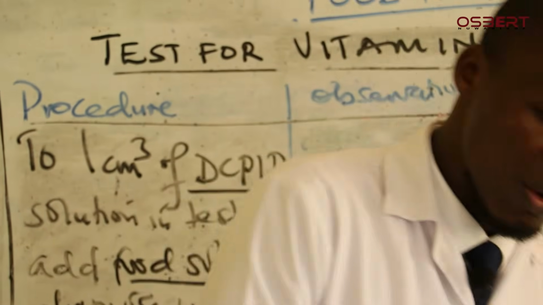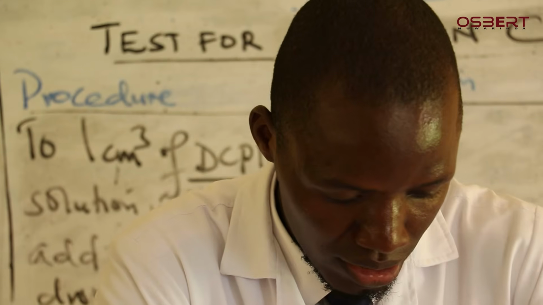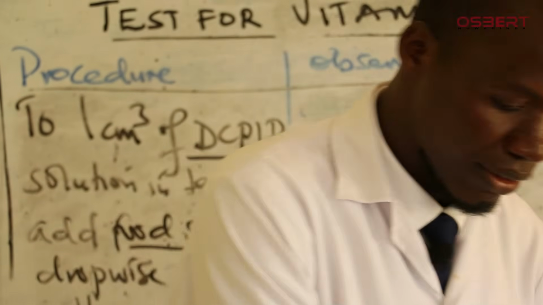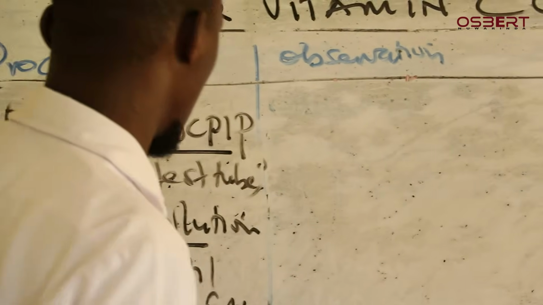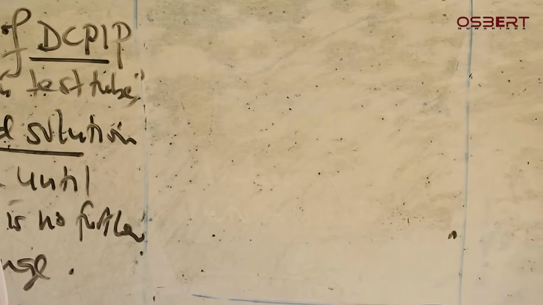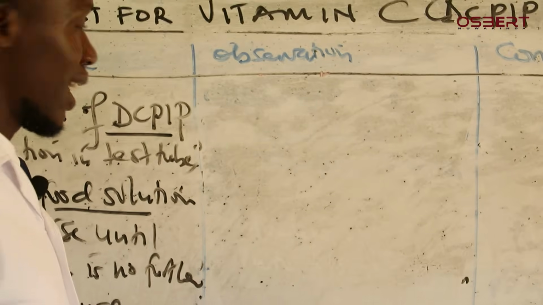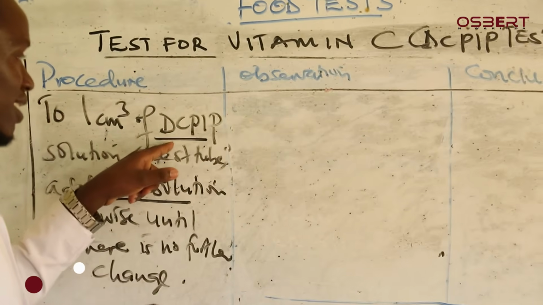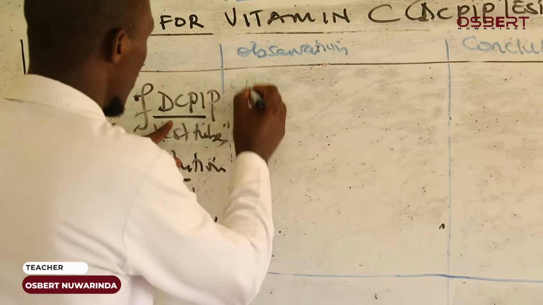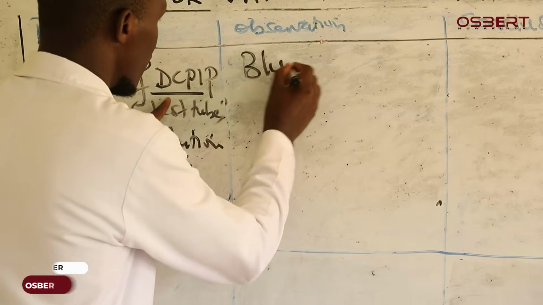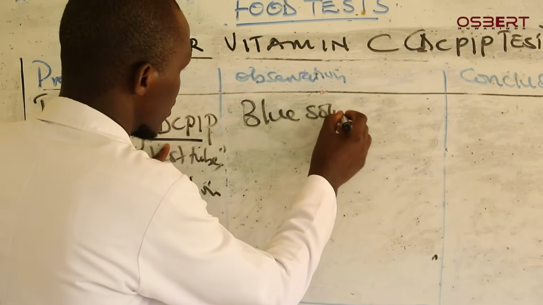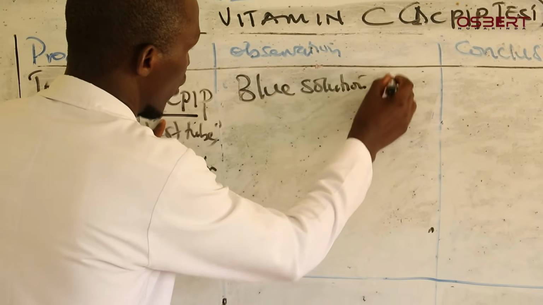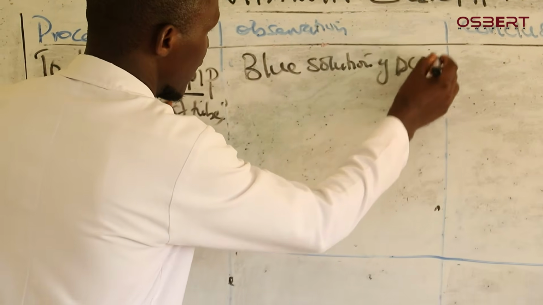Yeah, so when we come here to write, we shall say the observation is that originally our color, we will now write the color of the solution we had at first. The solution we had at first was DCPIP. So we are going to begin by saying the blue solution of DCPIP.